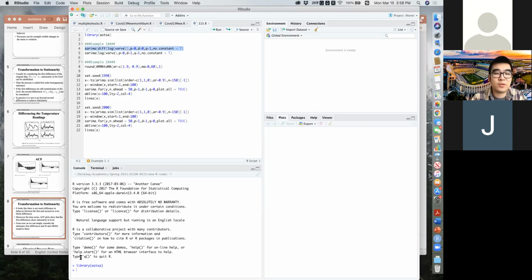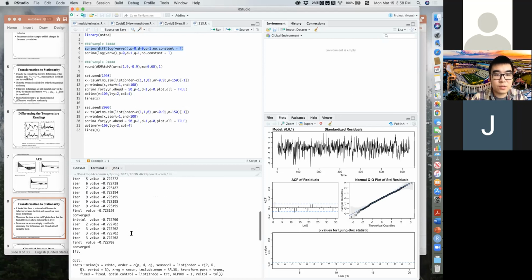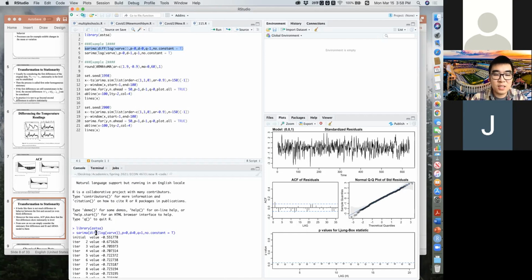So let's run this model. This is what we saw in last class, okay? We do this diff on the log varf, okay? And then we run an MA1 model, okay?